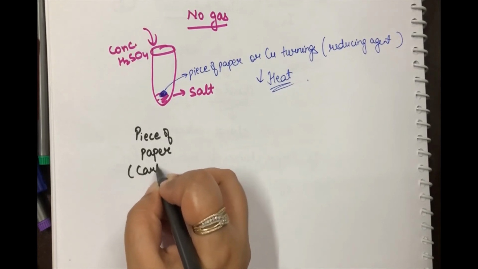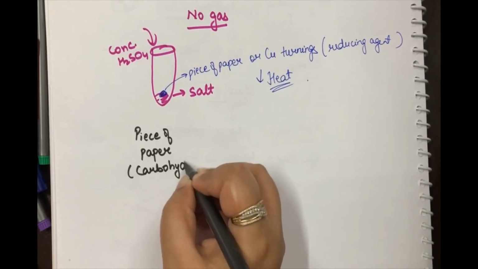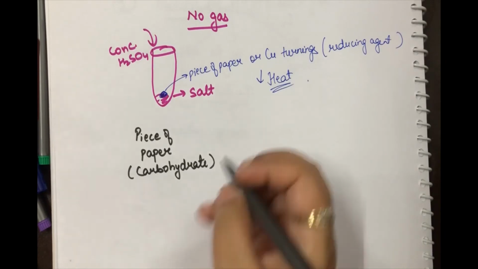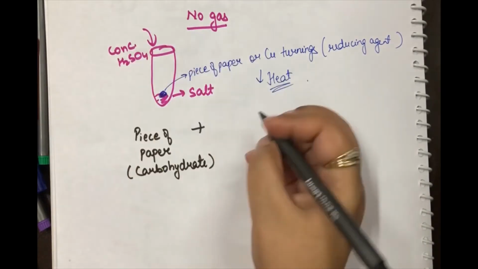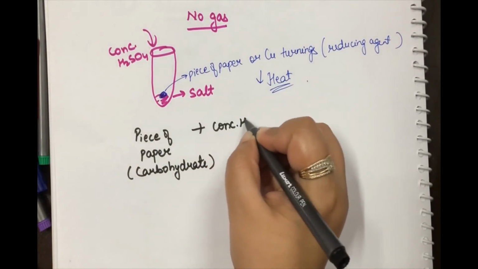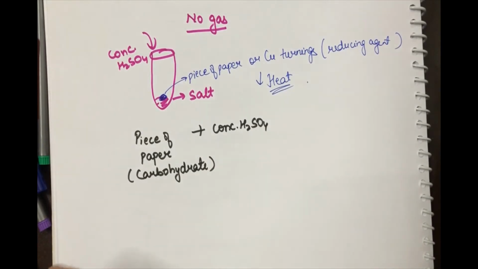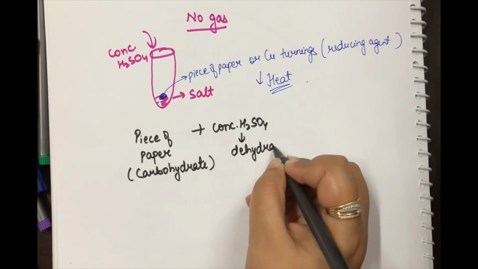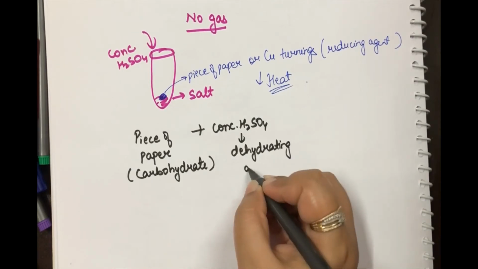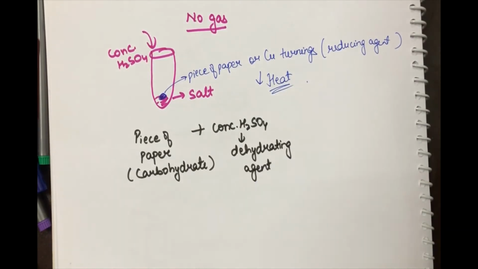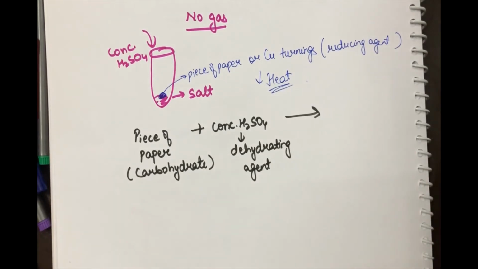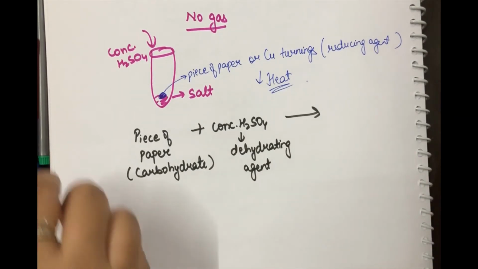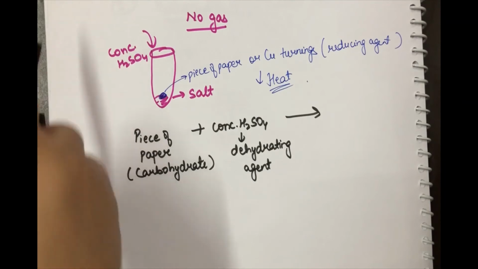We know it is a carbohydrate. We have been studying it since the junior classes. And you have already added your group reagent, which is your concentrated H2SO4. And we know this is a good dehydrating agent. What is a dehydrating agent? It removes water, right? So once these two combine together, what is expected?